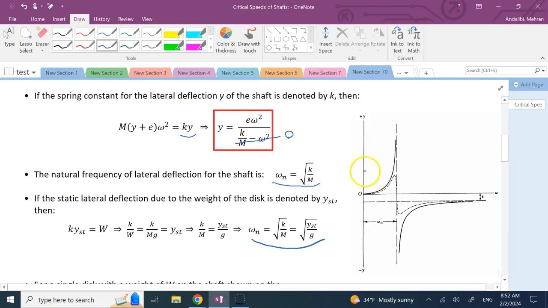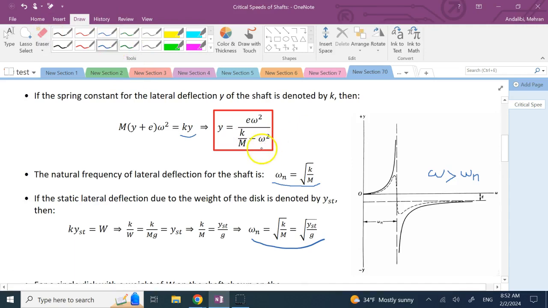Now, if, on the other hand, omega is bigger than omega n, so you are on the right-hand side of omega n, this is what I said in reality you do. You run it at bigger than the critical RPM. Then look at the sign. What is going to be the sign of Y? So this denominator is going to be negative this time.